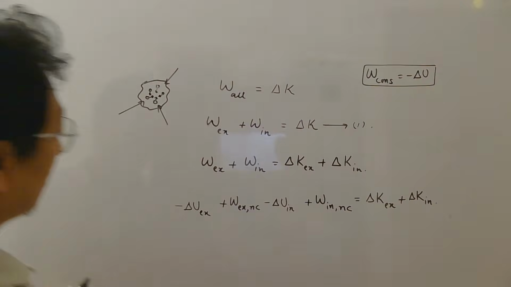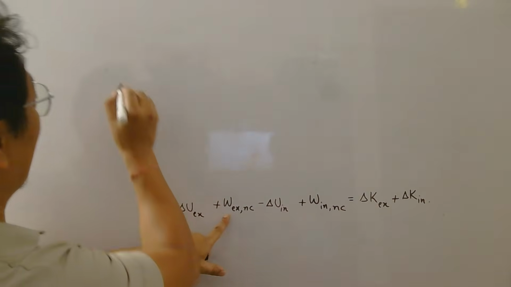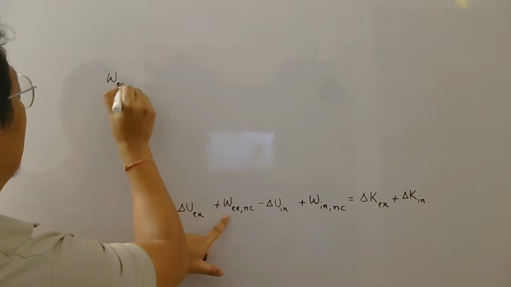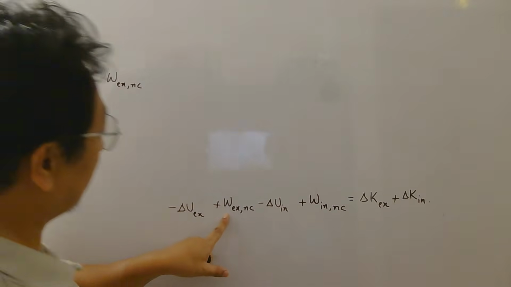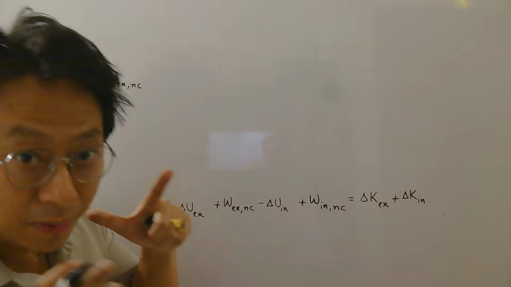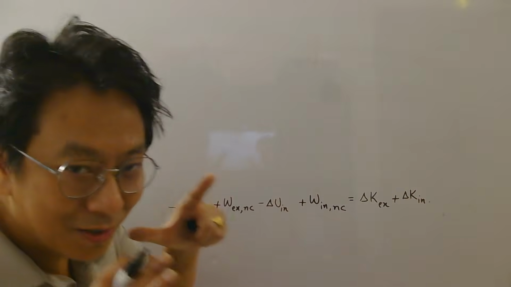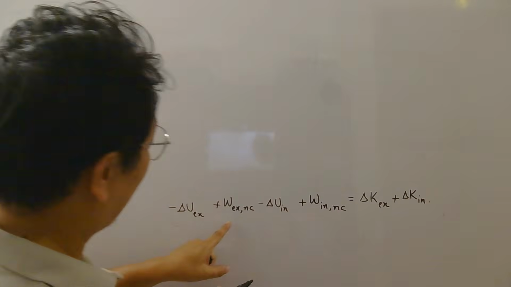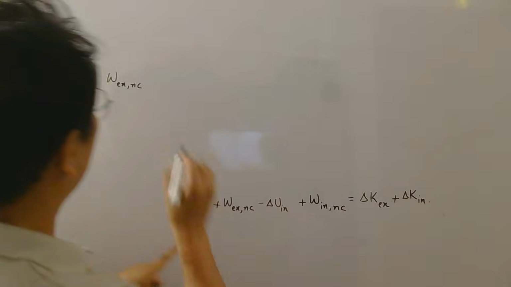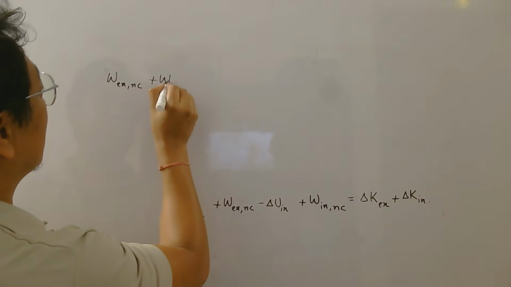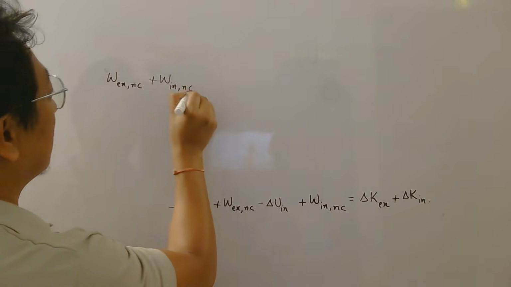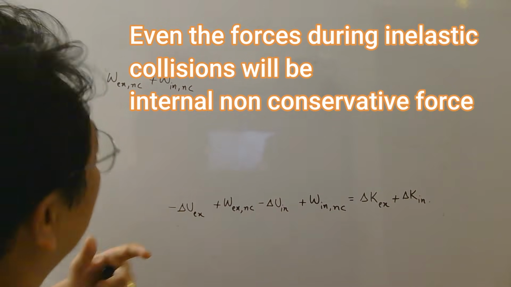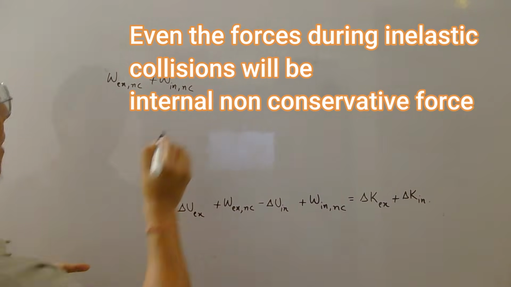Okay. Now this equation can be written as work done by external forces which are non-conservative. It could be applied force from outside, right? Pankaj sir's force is non-conservative. And work done by internal forces, non-conservative, like frictional forces, viscous forces between the layers of liquid.